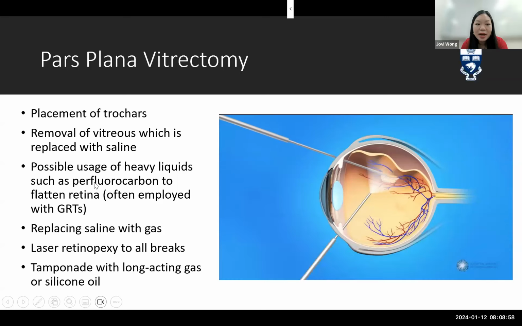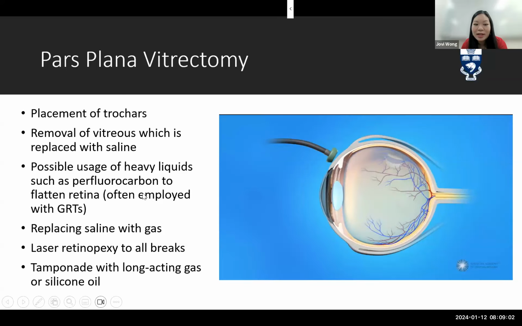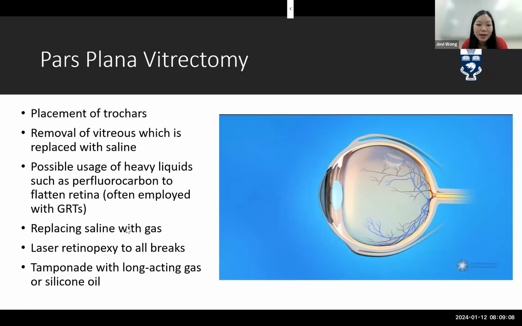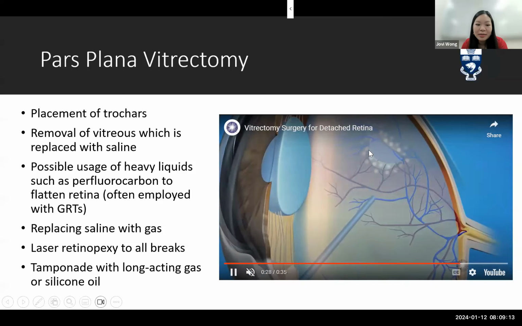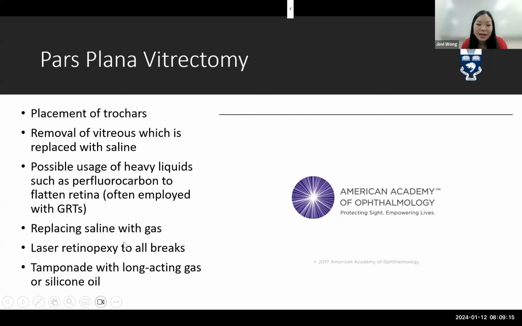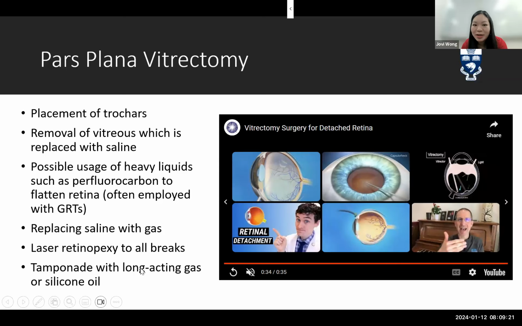Afterwards, we need to flatten the retina. We may need to use heavy liquids like perfluorocarbon, especially when we're talking about giant retinal tears, and we'll have a video of that later on. Then we replace the saline with gas and apply laser retinopexy to all the breaks. Finally, we tamponade with either a long-acting gas or silicone oil. Of course, it's a very brief overview, so everyone has a general schematic.